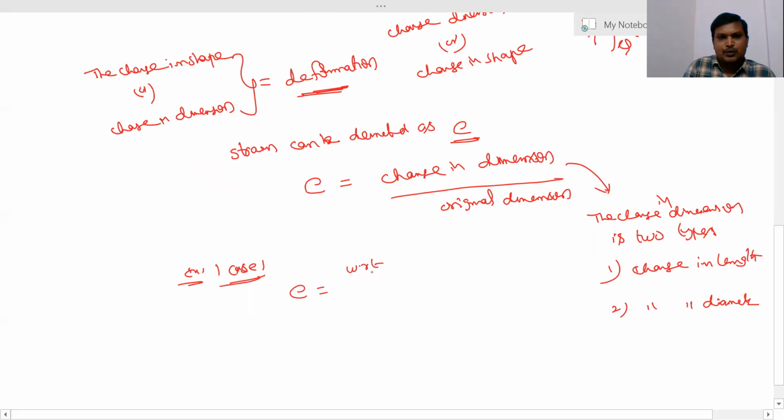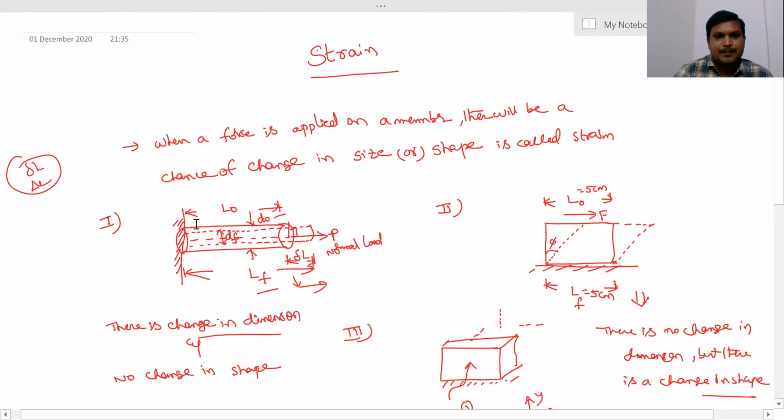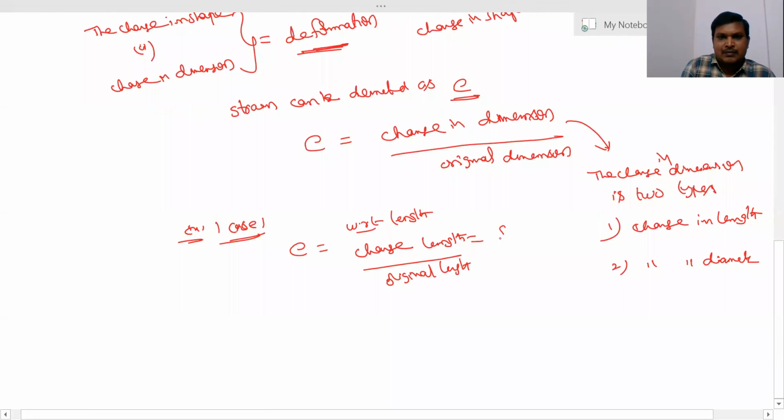With respect to length, the strain is change in length by original length. This much is the change in length, which we call delta L, or simply change in length. So delta L by original length.